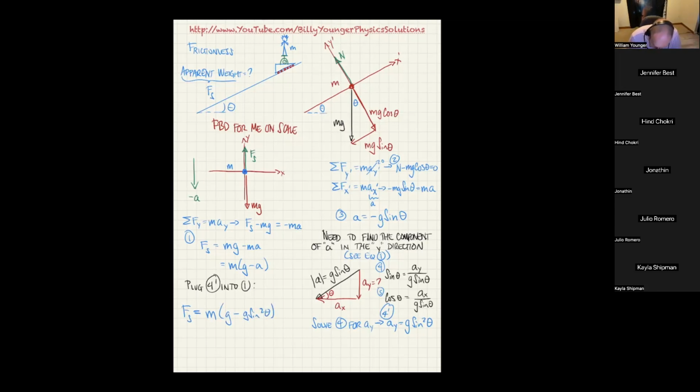Well, I can simplify that and say F scale is mg times 1 minus sine squared theta, like that. And that would also be equivalent to mg times cosine squared theta. So in fact, all of these are fair answers. So that's one version. And that's the other version. Anybody have any questions with that?